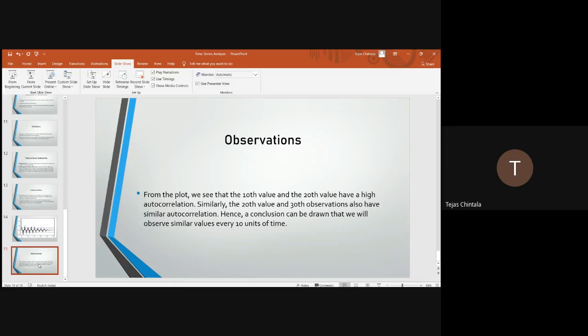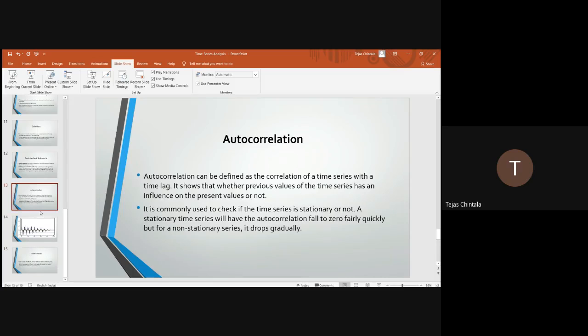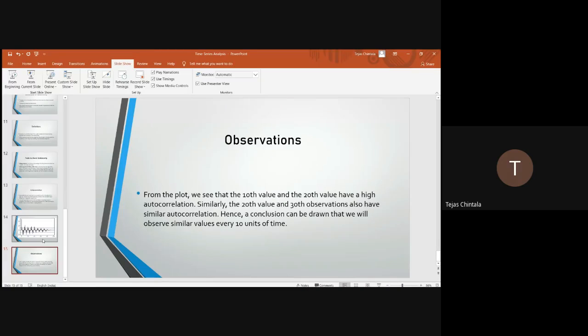Then at the other time period, we'll find the same value again. So this is how autocorrelation works. So we come to the end of this PPT. I'll now share my Jupyter notebook with you, so we'll get to know how we are able to present these topics while coding it.